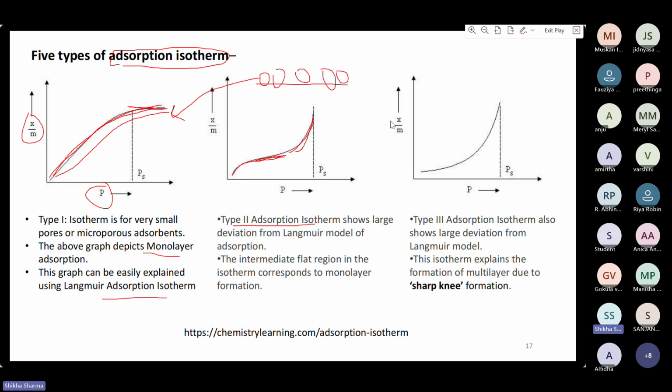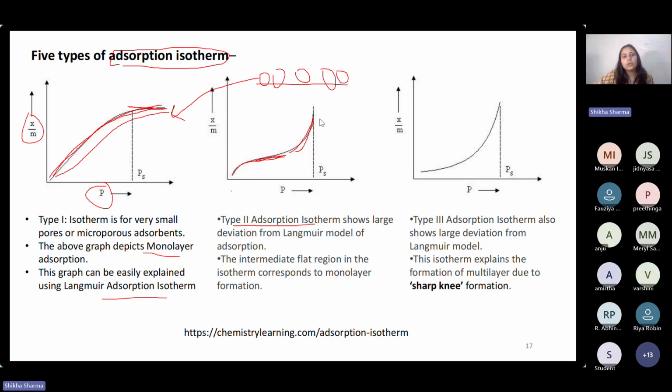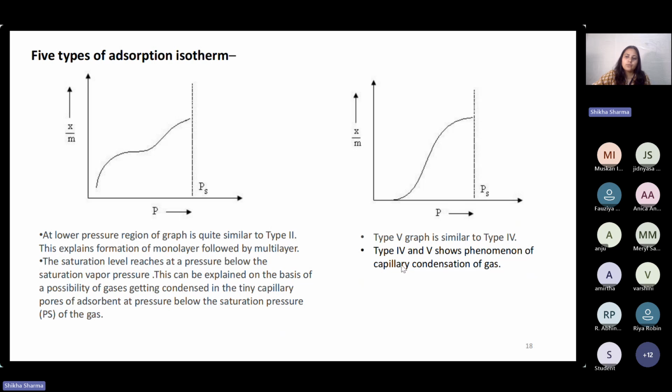So type 2 basically includes the multilayer also. Once the monolayer is formed, the sharp knee depicts the multilayer formation. The third one is also depicting that after the monolayer adsorption is done, there is a sharp knee formation which represents the multilayer formation.